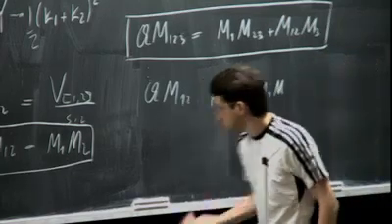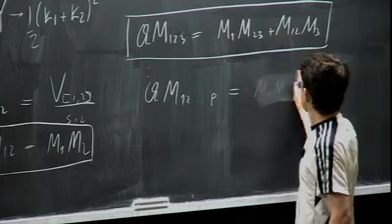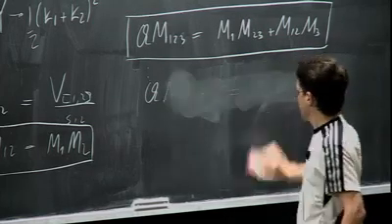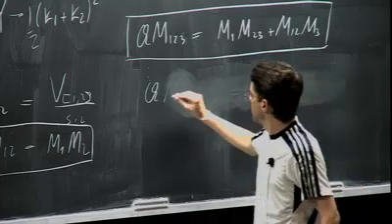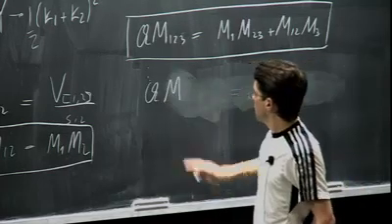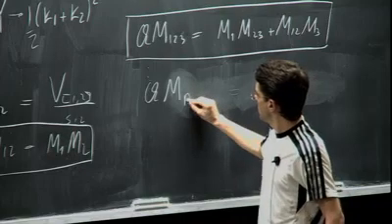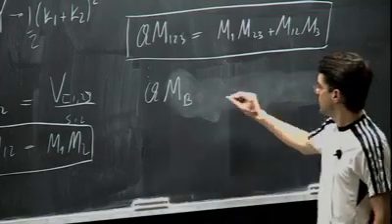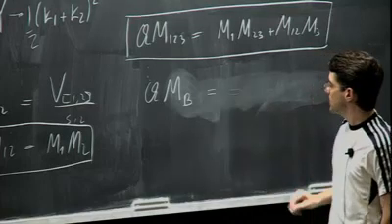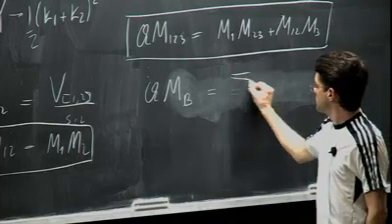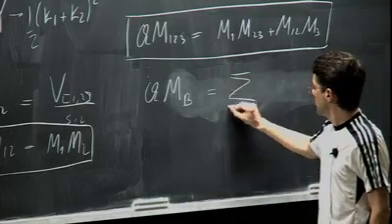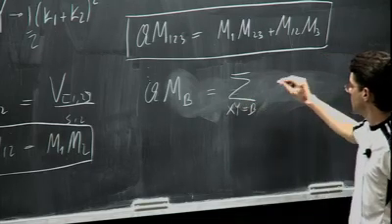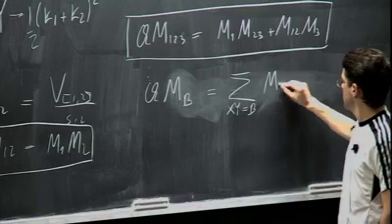Okay, let's write it in a more abstract way. So the pattern is that Q of M, and now a multi-particle label, it can be any string of labels, is a sum over xy equals B. I'm going to explain in a minute.